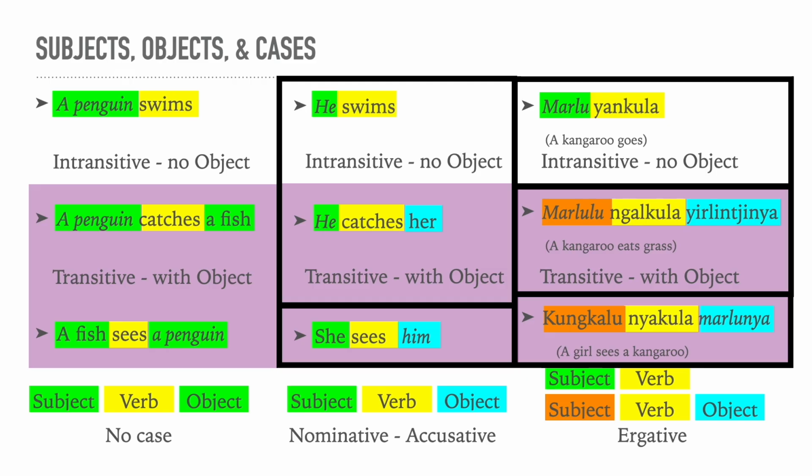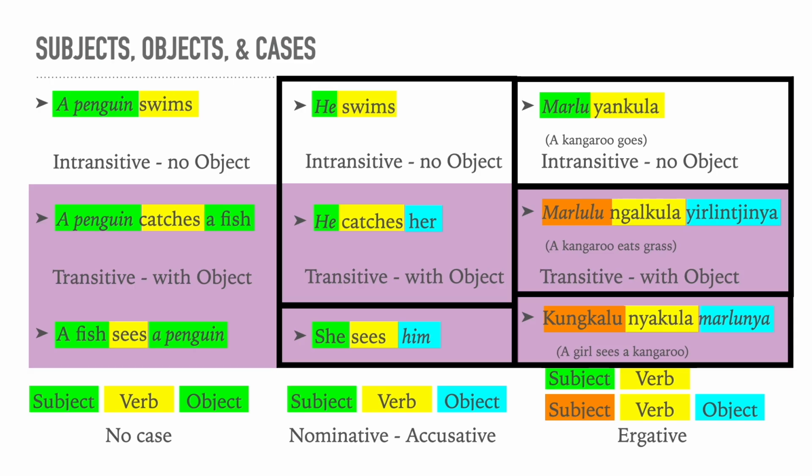So if we break up all of these three different contexts, we see there are three different case systems. If nouns don't change regardless of what they're doing, we have no case. If nouns act one way when they're doing something, another way when they're the recipient of the action, that's nominative accusative.